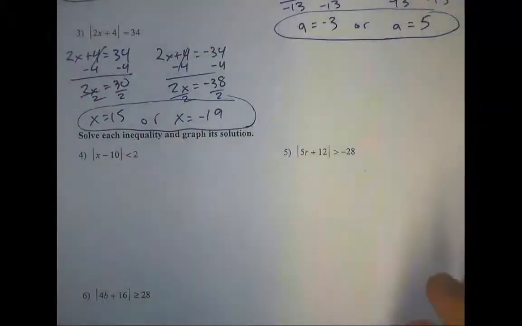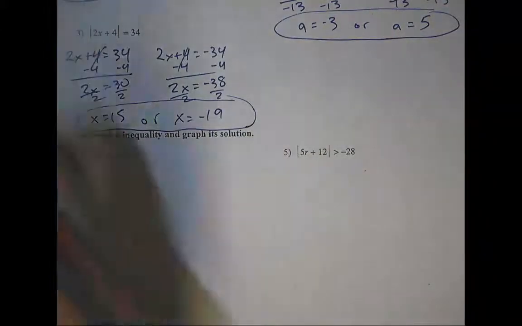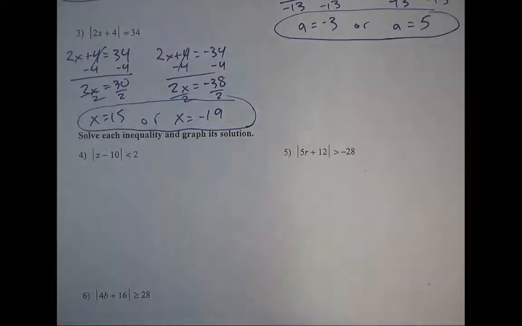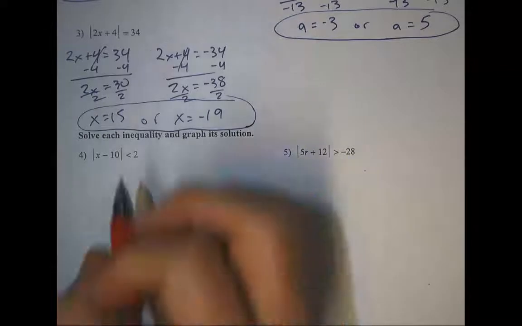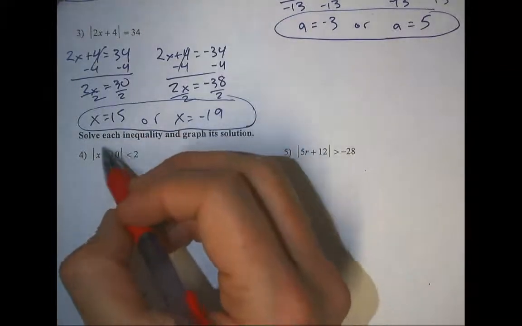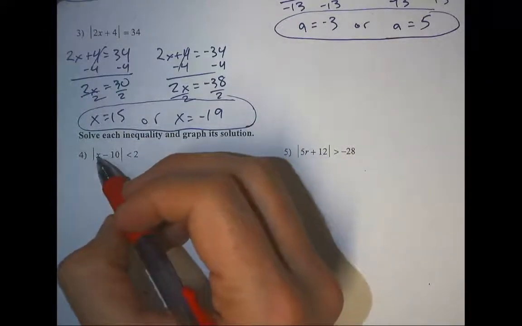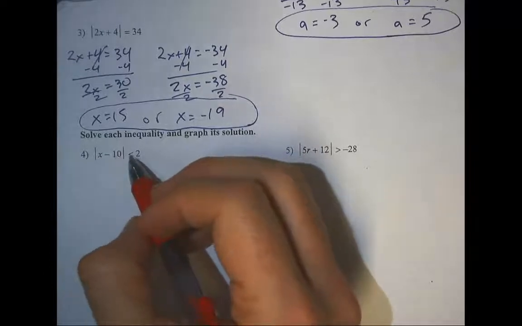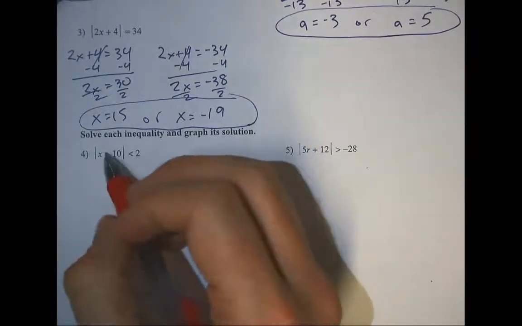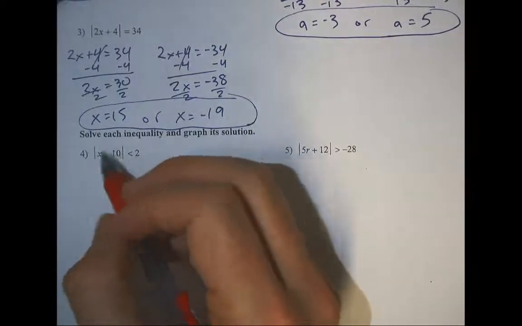Now, inequalities can make this a little trickier, especially if you're trying to wrap your head around it, but there are some tricks. So even if you don't fully understand it, there's tricks to getting these right. So number 4, the value inside of this, when I plug something in for x, has to come out to something less than 2. So if I'm just thinking about positive numbers, I have to create a positive number that's less than 2.